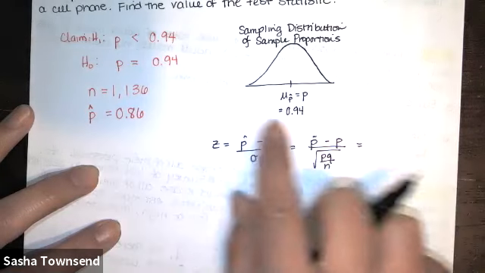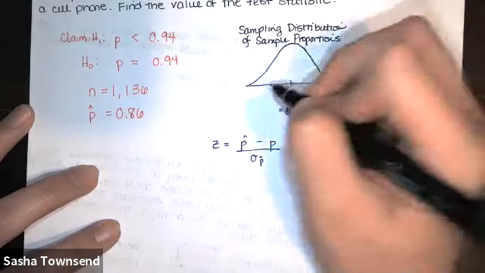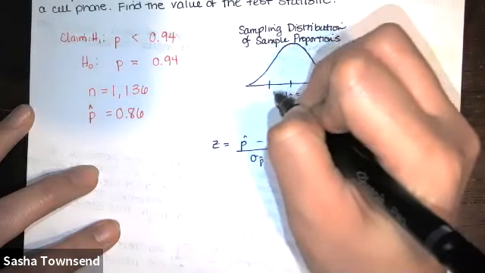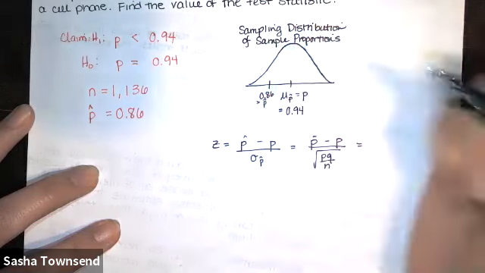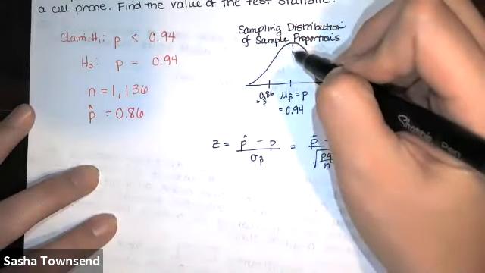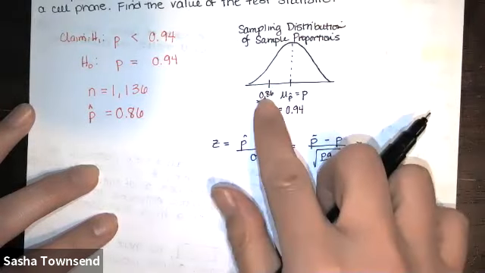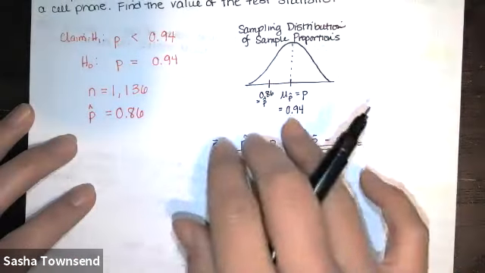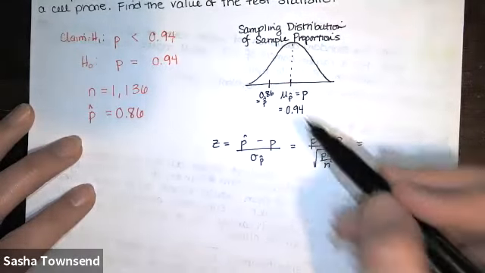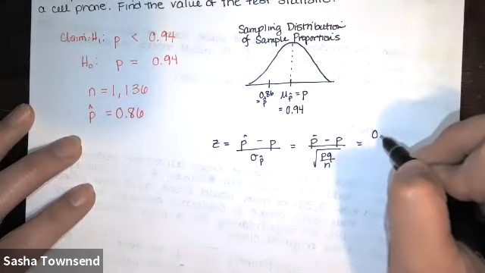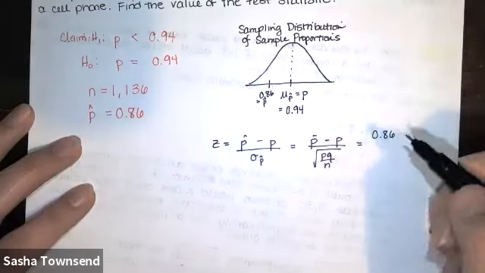Now P hat is 0.86, the mean is right there at 0.94. So the P hat that we're looking at is 0.86, which is right there. And we're saying, okay, where is that relative to the mean? Well, obviously it's less than 0.94, so this would be a negative Z-score. So I'll take 0.86, that's my P hat.